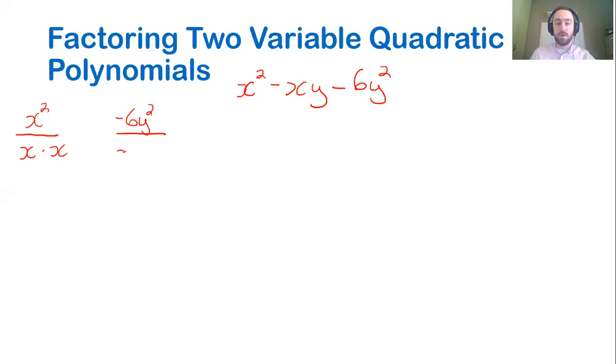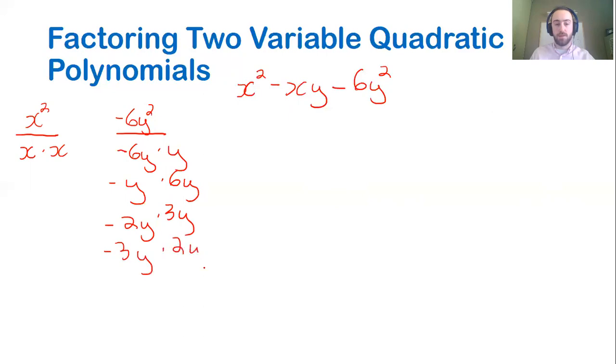In this case, we have negative 6y and y. We have negative y and 6y. We have negative 2y, 3y, and negative 3y and 2y. And now we're just going to simply cross multiply, the exact same thing we did for one variable problems.